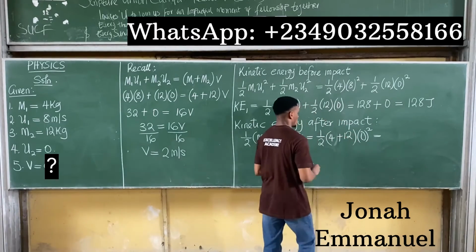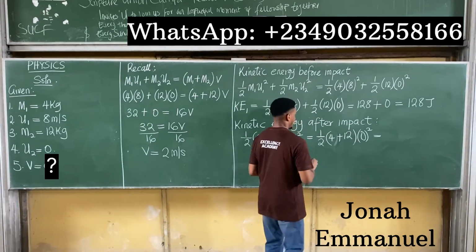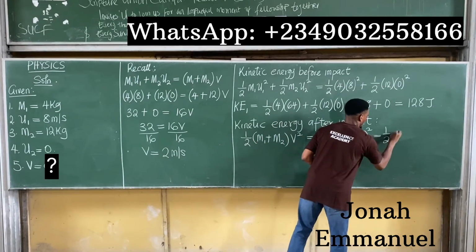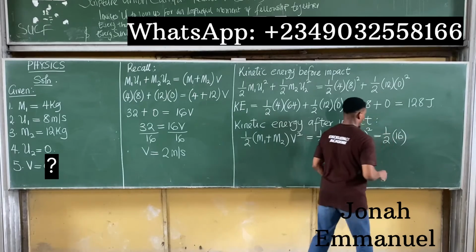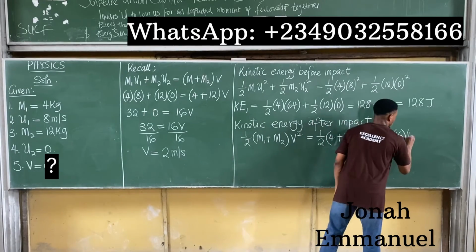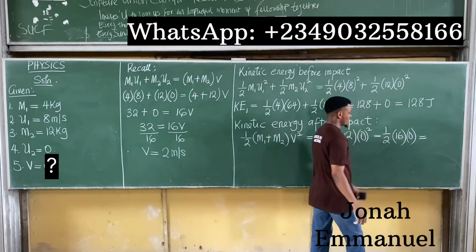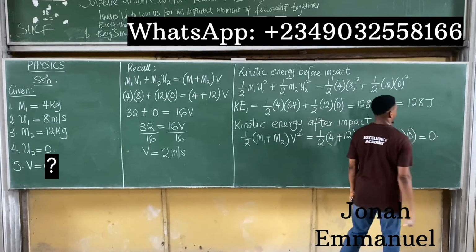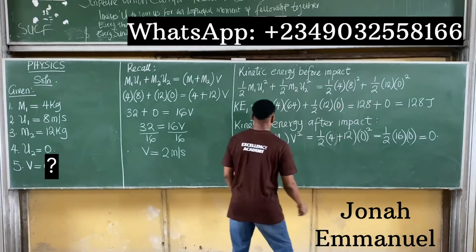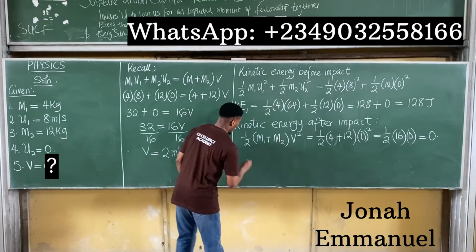Half into 16 into 0 squared gives 0. Half times 16 is 8, times 0, we have 0 as the answer. Let me call this KE2.